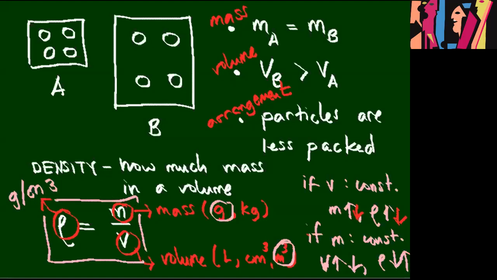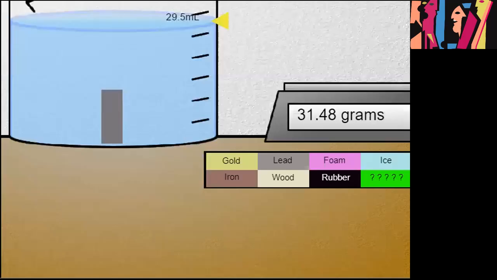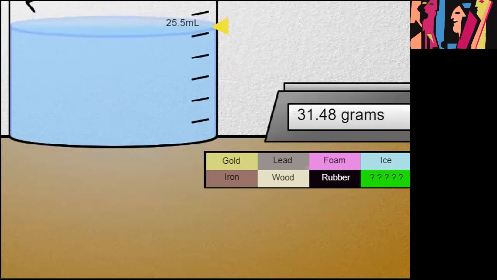Let's have a look at how we can use that equation in an example. Here we have an object, currently it's in the water. The mass of my object happens to be 31.48 grams. Let me write that down here.